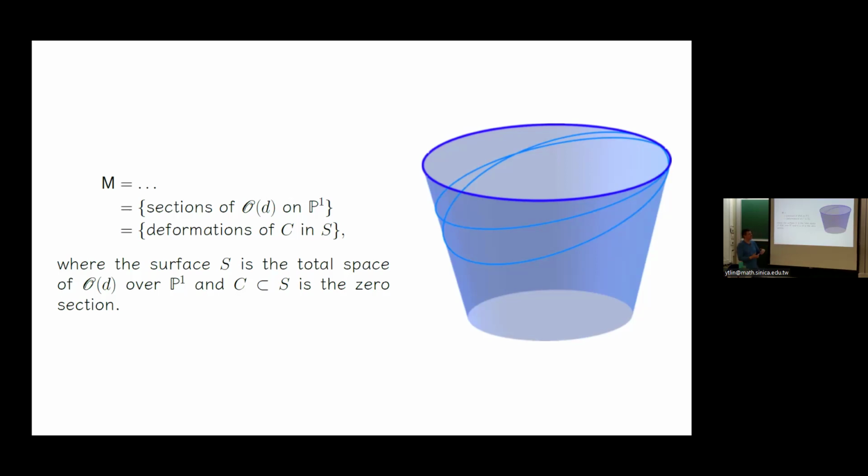And if you want a symbolic representation of a positive or negative normal bundle, we can think of this as the rim of a bucket.